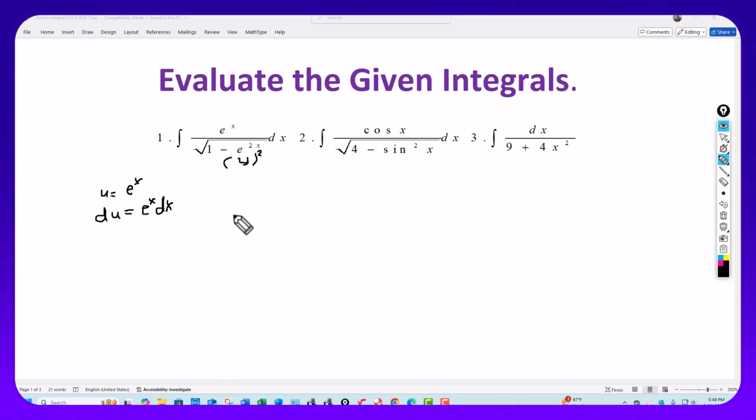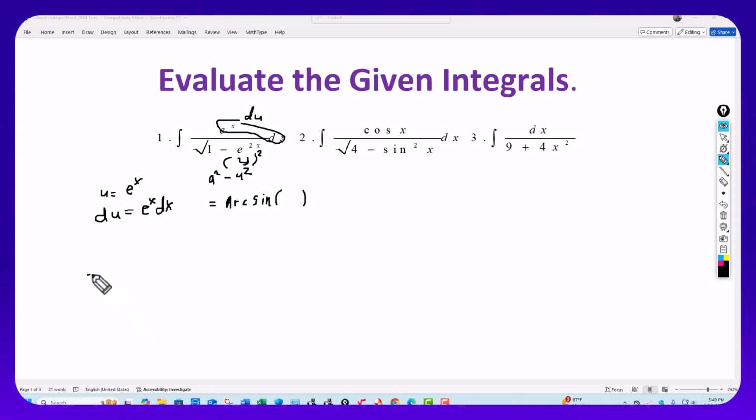1 minus u squared. If you remember the value for that one then was arc sine, or sine inverse, you can also call it that, of u over a. So remember the form for this one had an a squared here and a minus u squared. And of course, this part right here, in our case, it's going to be the du.